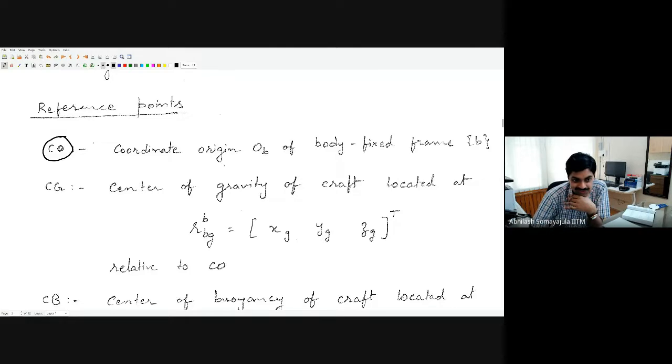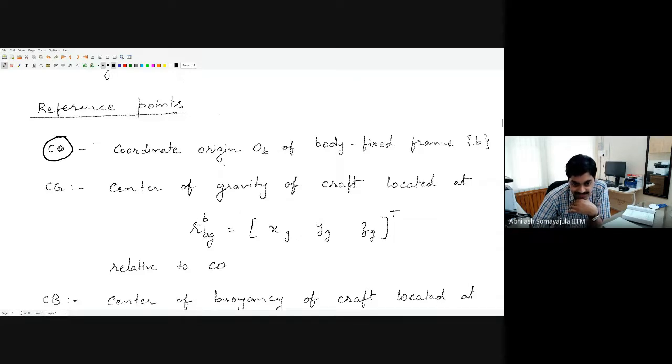The next one which we define is the center of gravity of the craft, and that is located at a distance xg, yg and zg away from the CO, or the origin of the body fixed frame. This distance xg, yg and zg, when expressed in the body fixed frame, is denoted by this vector rbg superscript b.